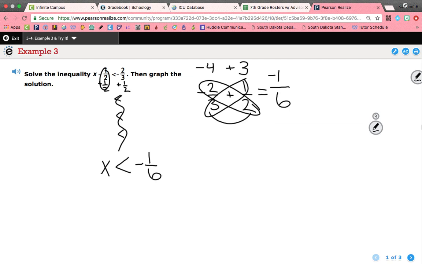Okay, to try it, to see if you got it right, because this one's not as clear as the temperature one, right? If x is negative 1/6, we have minus 1/2, and we have negative 2/3. Okay, so 6 times 1 is 6. 2 times, we have negative 2.